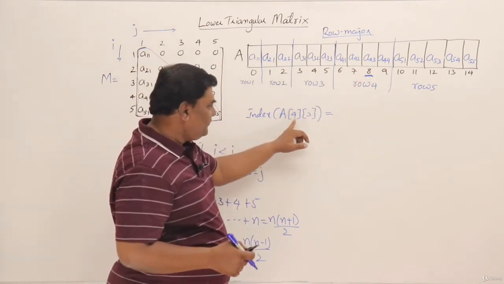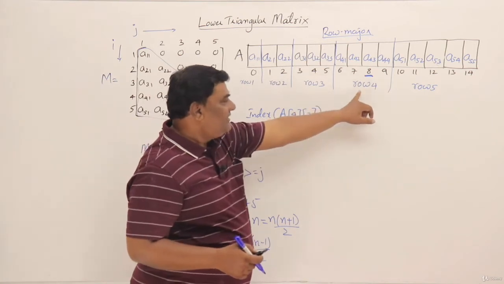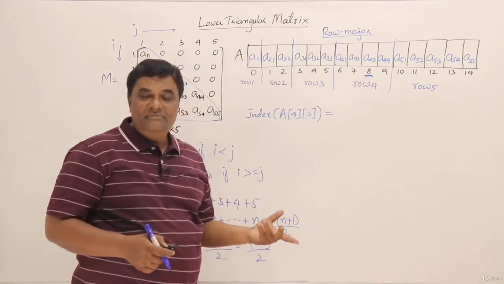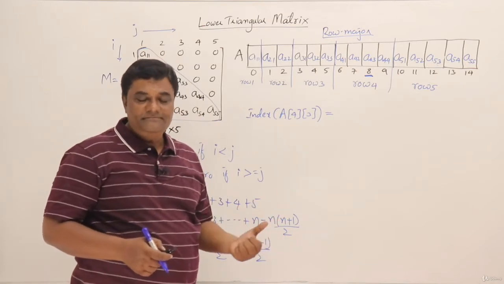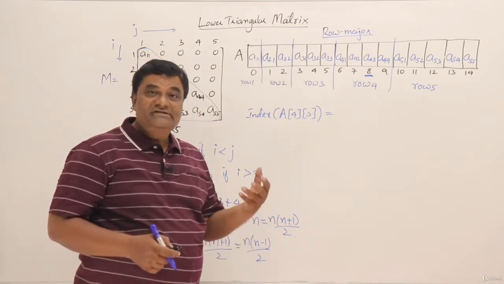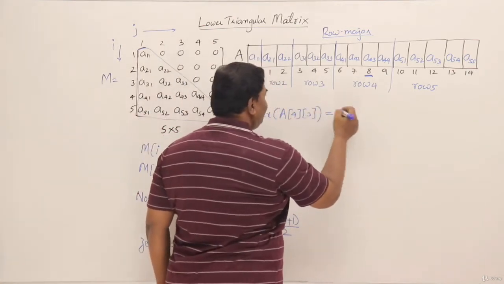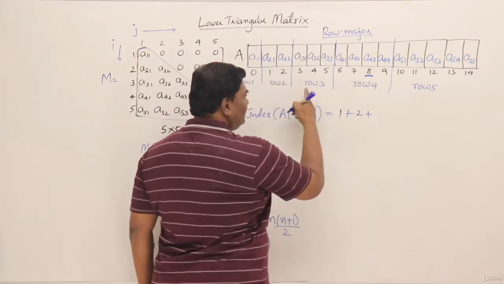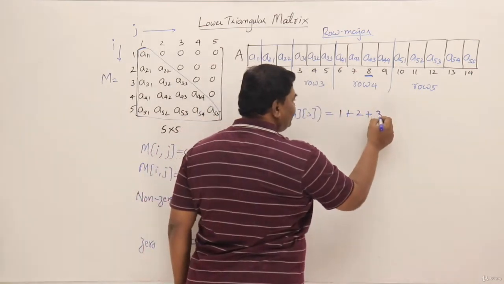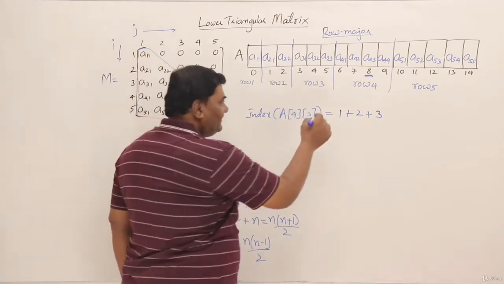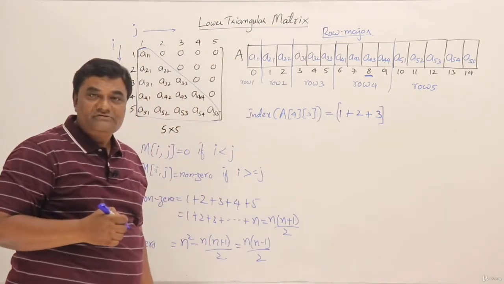See, this element is in 4th row. So this will come after 3 rows. So I have to skip 3 rows. First row is having just one element, then second row is having two elements, then third row is having three elements. So I have skipped three rows.